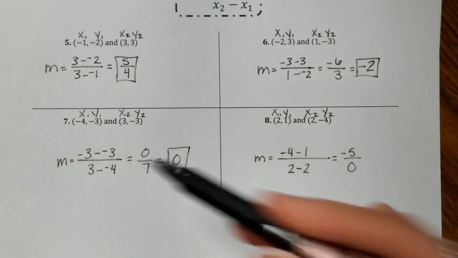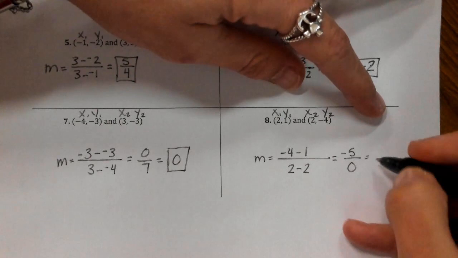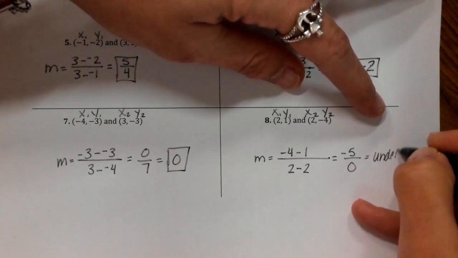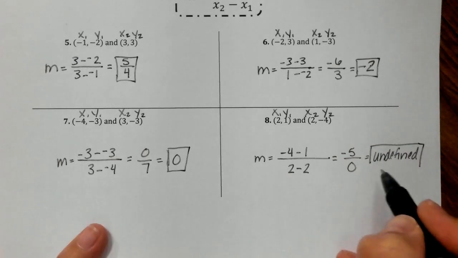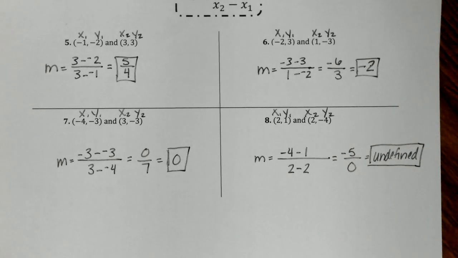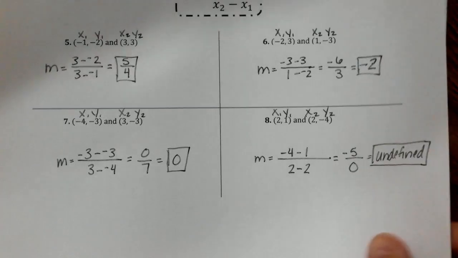Unlike here where we had it in the numerator. When this happens, we end up with an undefined slope. If you put this into your calculator, the ones we have here at school, it will come up saying undef, meaning undefined. If you put it into another calculator, it'll tell you some sort of error because you cannot divide anything by 0. That tells you we have an undefined slope.